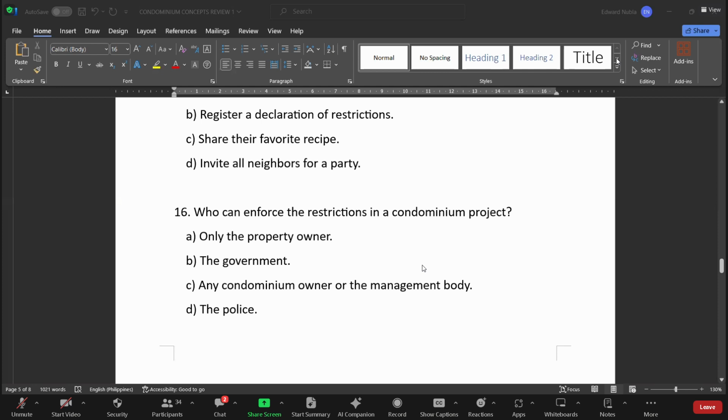Who can enforce the restrictions in a condominium project? A, only the property owner. B, the government.